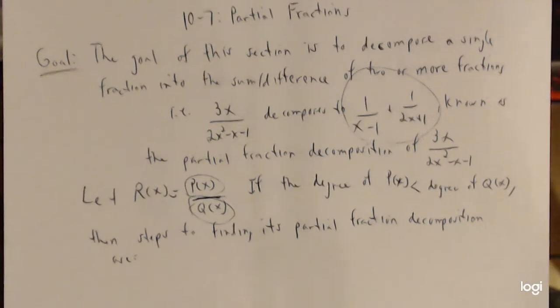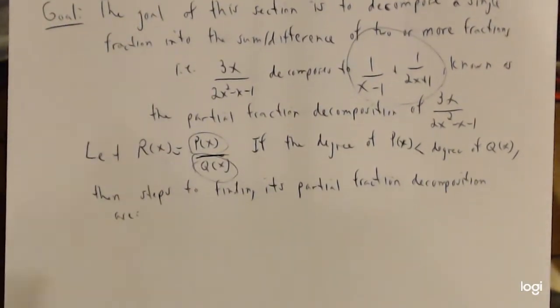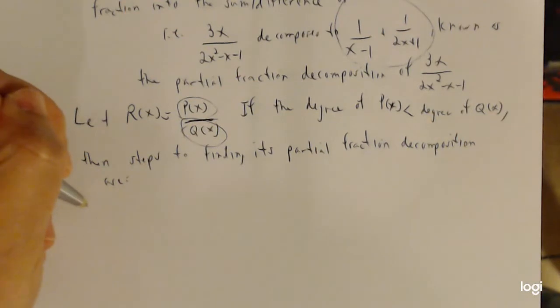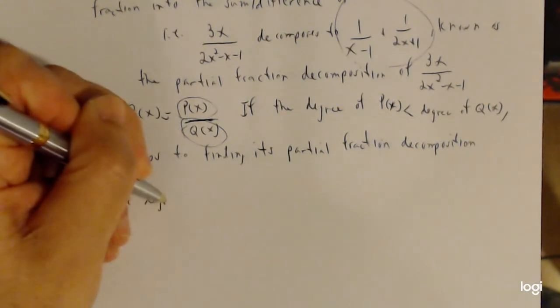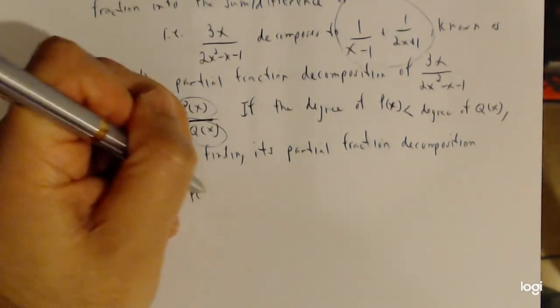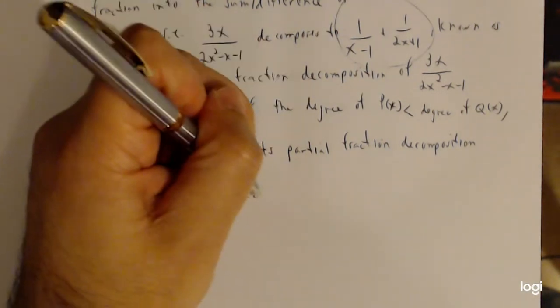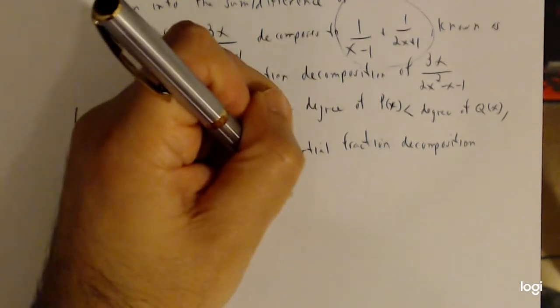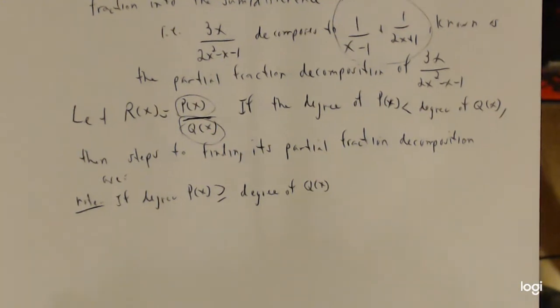Now, before we find the steps here, one comment I want to make is that if the degree of P of x is greater than or equal to the degree of Q of x, then it's not that we can't perform the partial fraction decomposition.